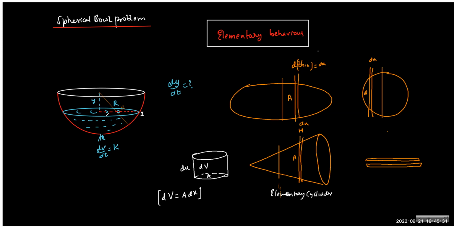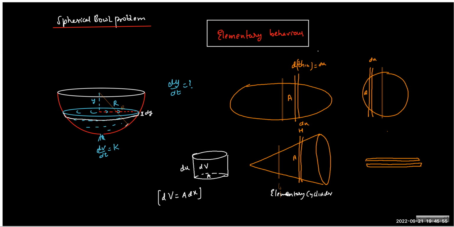How much? In time dt, the y will change by what value? Dy, can we say? So in time dt, the water level will go down by dy. Can we assume like this? Yes or no?